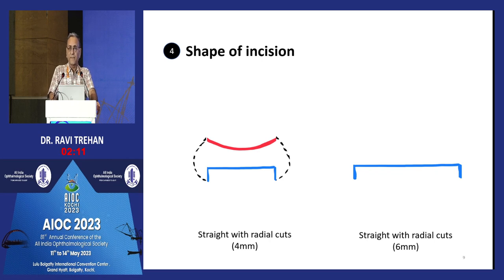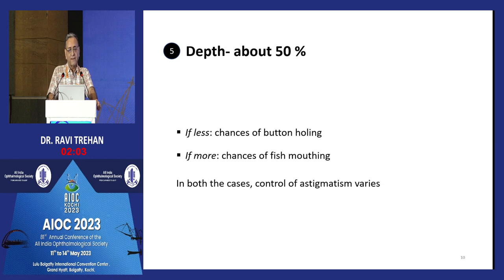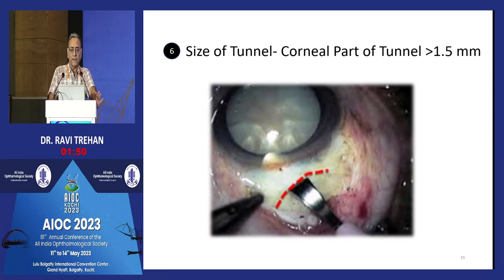I have specifically mentioned this 6 millimeter with radial cuts because any kind of nucleus can be removed from this. Depth must be 50%. If it is less, then there is a chance of buttonholing. But if it is more, there is a chance of fish mouthing. And in both cases, control of astigmatism is not in your hands.